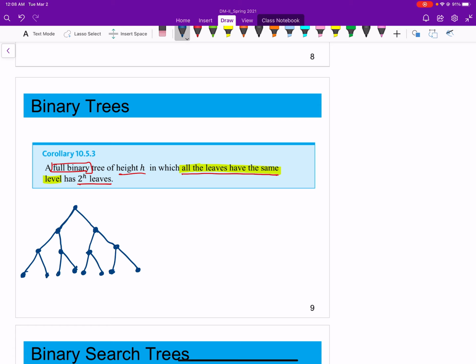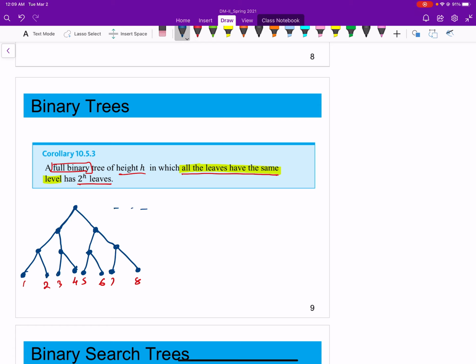All right, so that's a symmetric binary tree. It's a full binary tree. Each parent has two children. That means a full binary tree. All the leaves have the same level. Now just count how many leaves: 1, 2, 3, 4, 5, 6, 7, 8. There are 8 leaves.